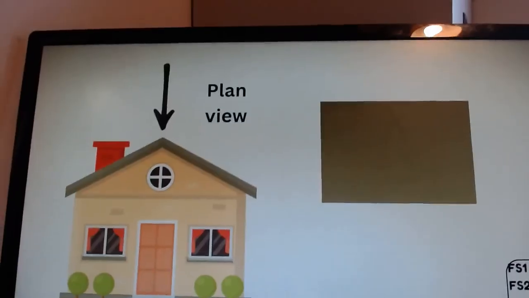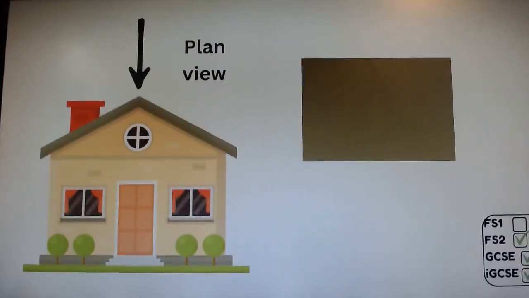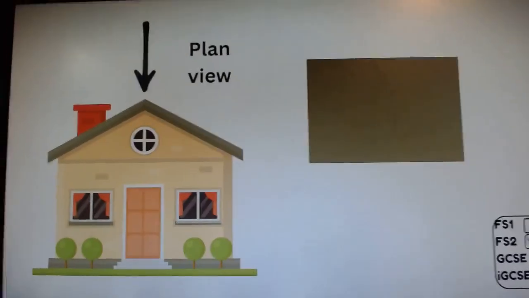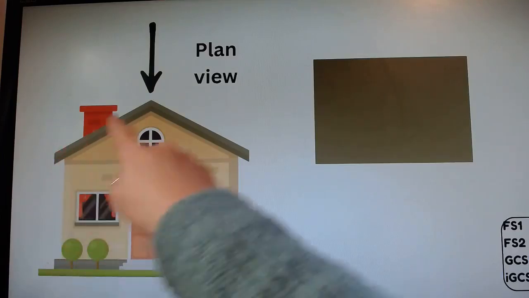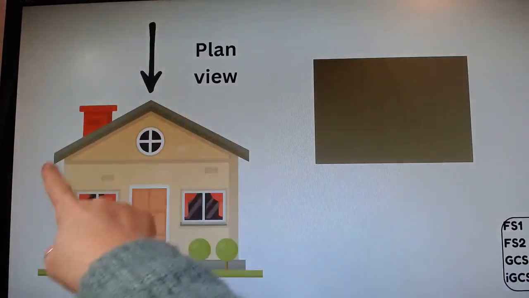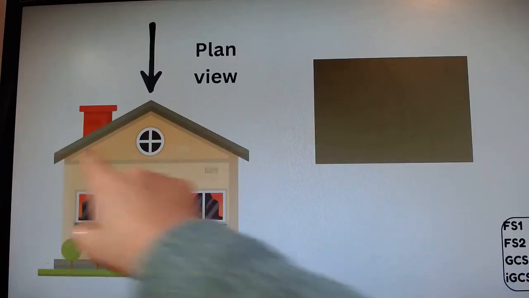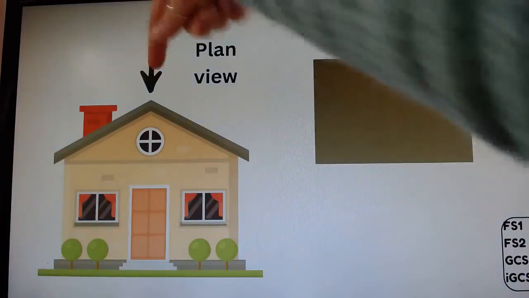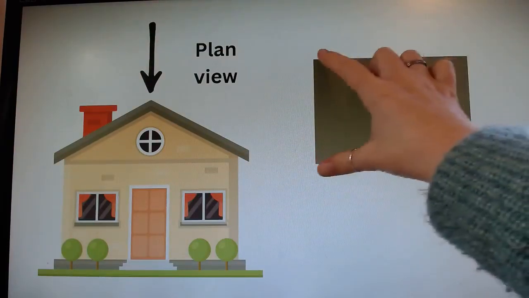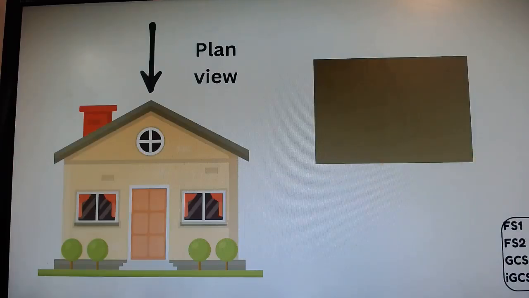So, if we look at our house here, and I've tried to do this using the colour of the house. Despite the roof being at an angle, it's made this sort of almost triangular shape. It's not joined up. But if we were looking from up here, what we would see is actually a rectangle.